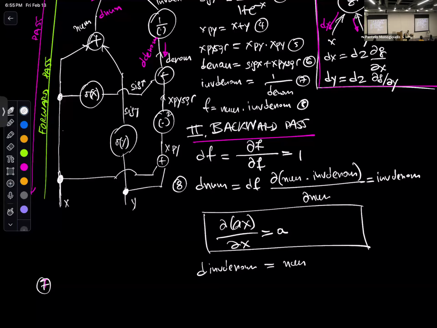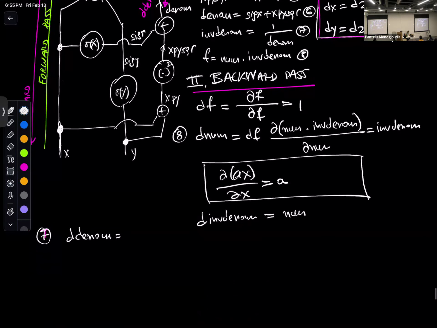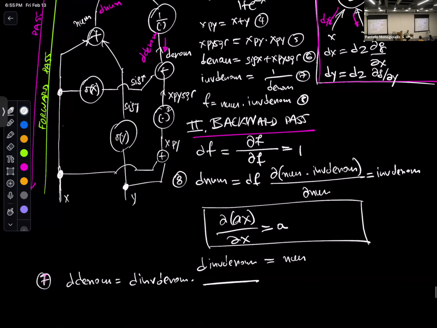So I'm writing D the num is the upstream gradient, which is D inf the num, right? Times what? Partial derivative of the function that the gate is implementing. What is the function? 1 over NO with respect to what?